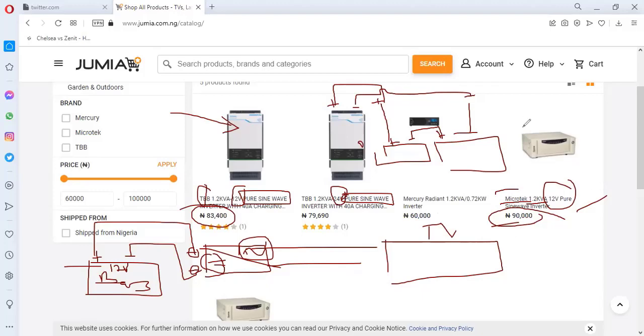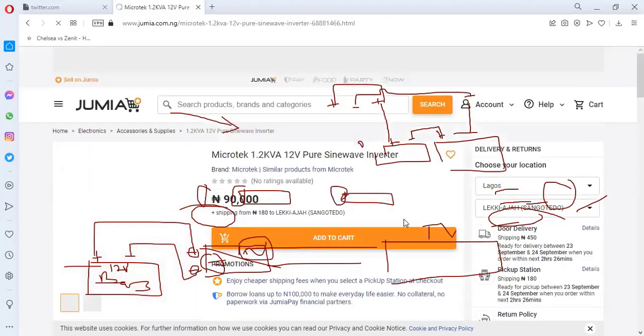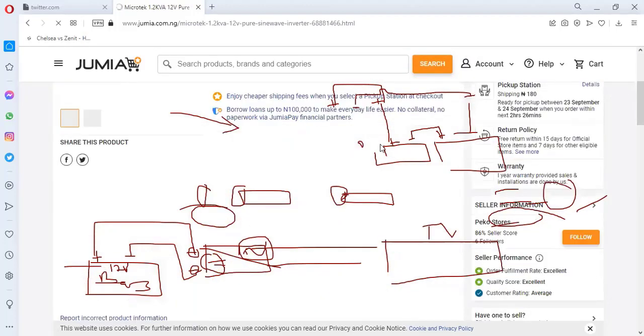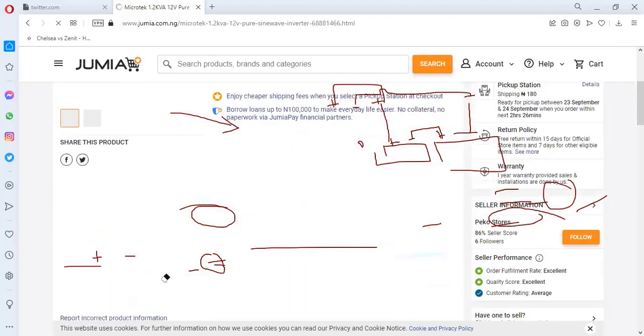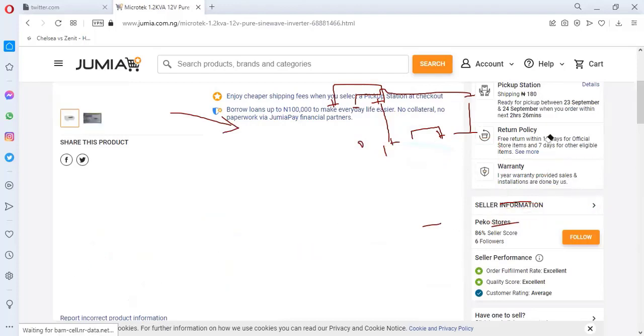You can go further by looking at the features of the inverter by clicking on the inverter to see other characteristics. And with that, you can choose the appropriate inverter that you think is good for you. So you click on the inverter, check the specification of the inverter.